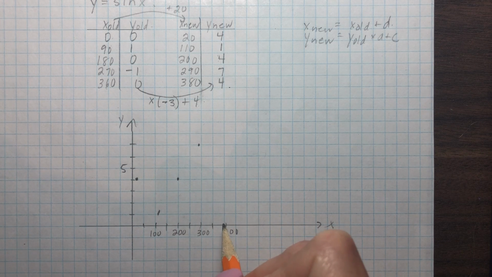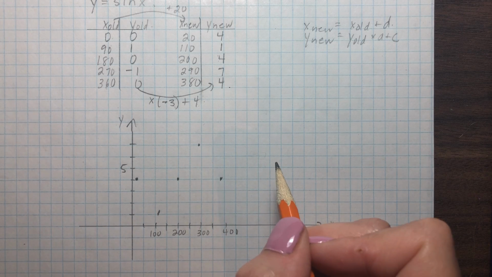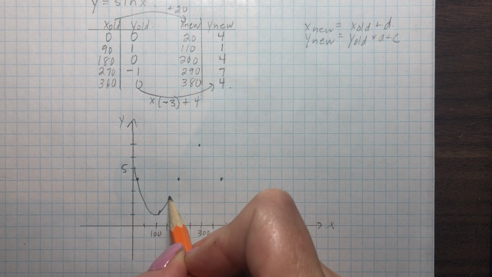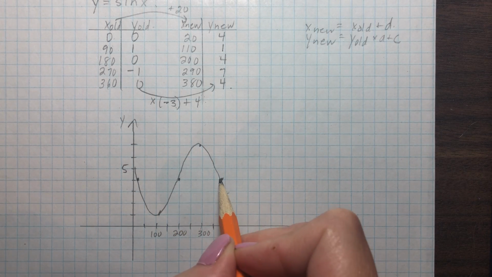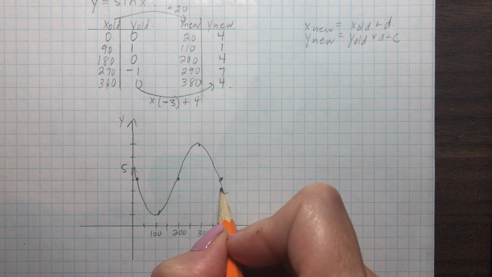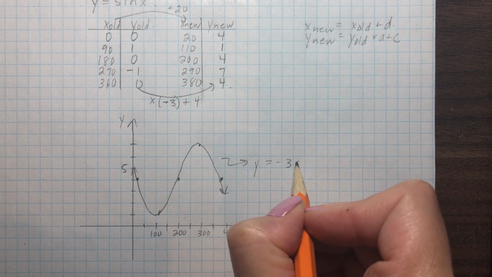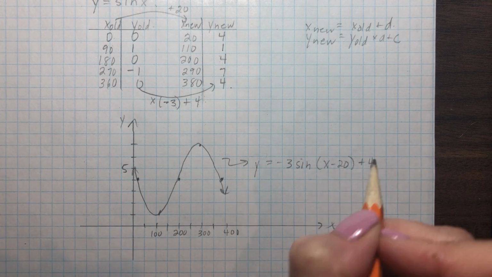And then 380 and 4. Once these 5 points are plotted, a smooth curve can be drawn through those points. And this would be the graph of the given function y is equal to -3 sine of (x minus 20) plus 4.